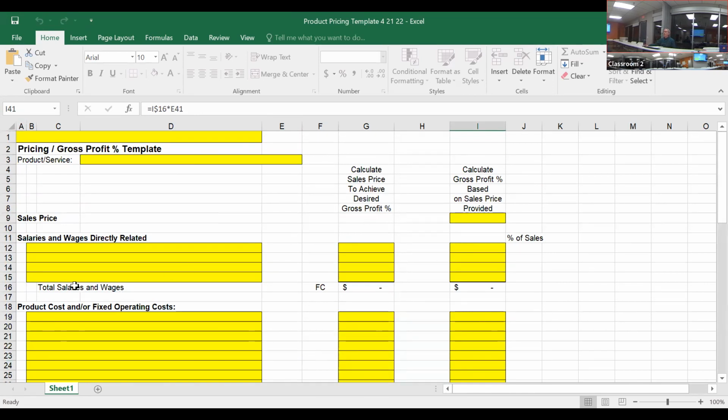So the way you would do this is you would put in, let's say, production salary. Sorry for my misspellings. And our production salary is going to be $10.